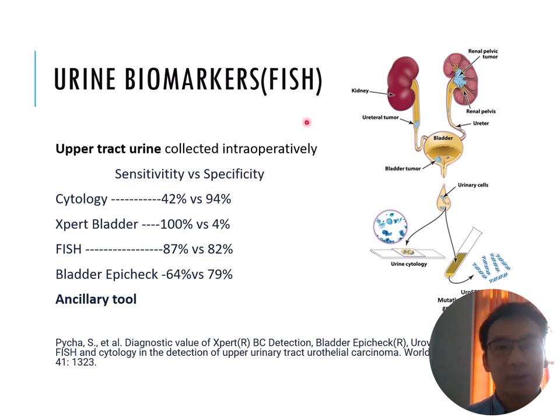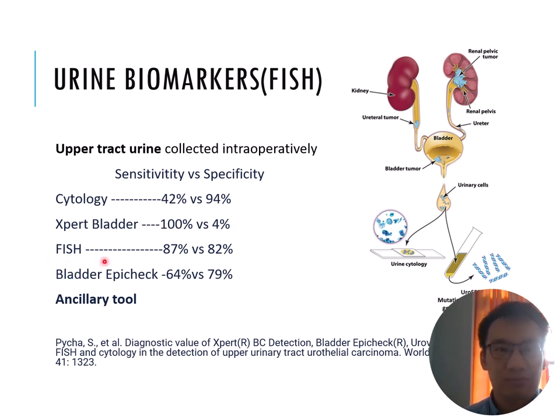How about if we take the urine from the upper tract during a surgery like URS? As we can see, there is data here. In a cytology from bubble touch, sensitivity is 42% and specificity is 94%. And you can see expert bladder, 100% sensitivity, but specificity is only 4%.